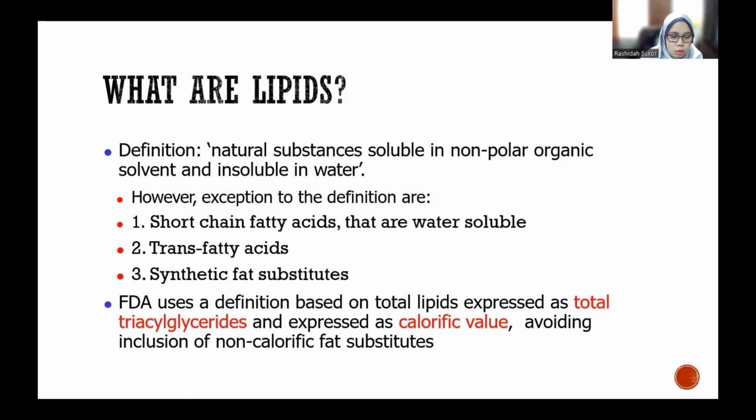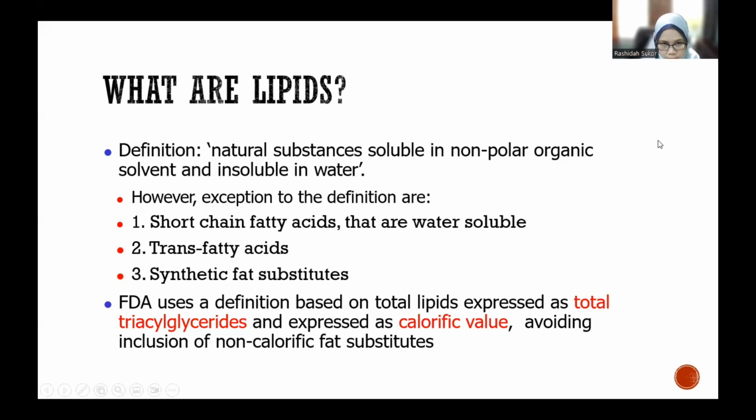If you are familiar with organic chemistry, when we do extractions for natural components, you have to know what kind of chemical you're going to extract, and then we have to choose what kind of solvent we are going to use.